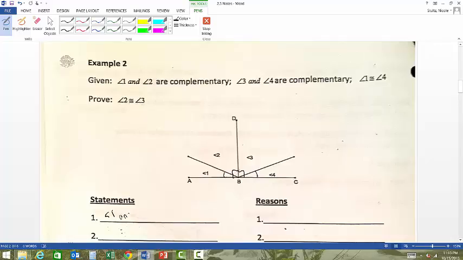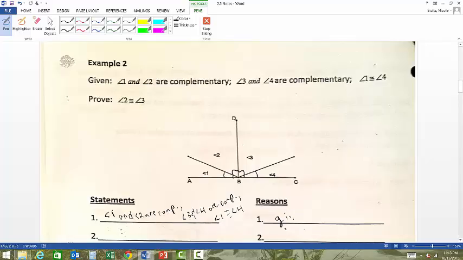So we're going to have to write angle 1 and angle 2 are complementary. Angle 3 and angle 4 are complementary. And angle 1 is congruent to angle 4.